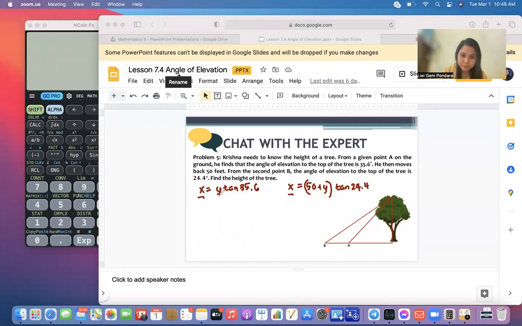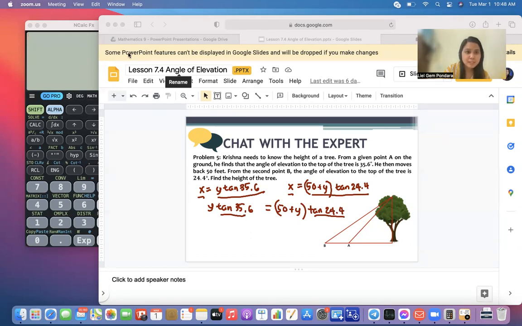Like for example, the first one, y tangent 35.6 is equal to the other x, 50 plus y times tangent 24.4.